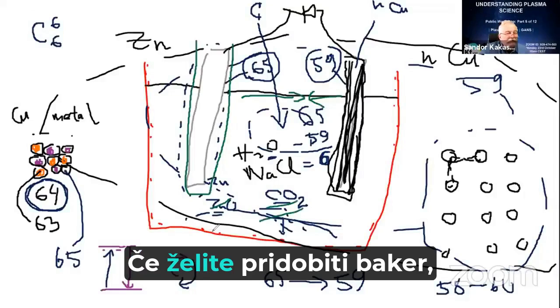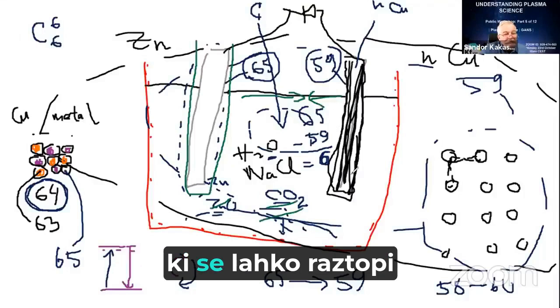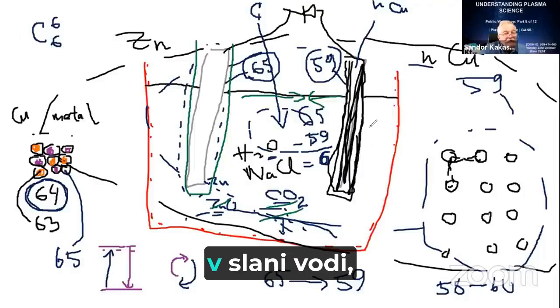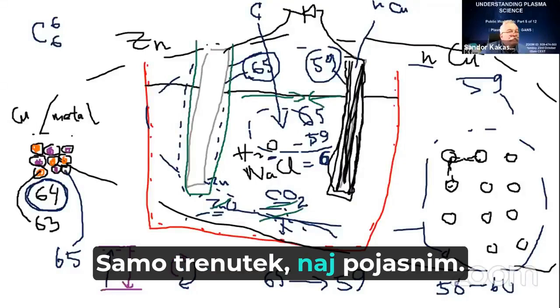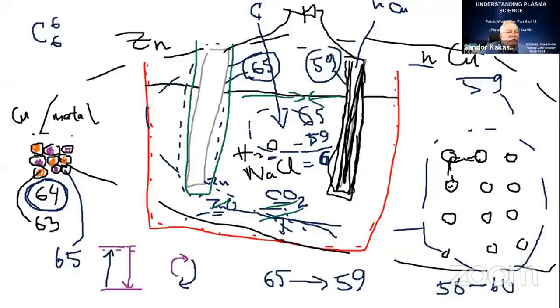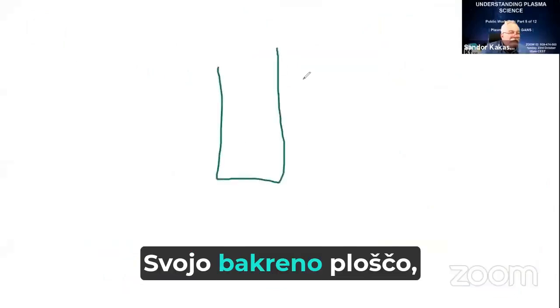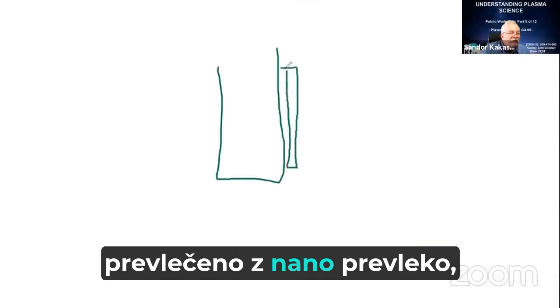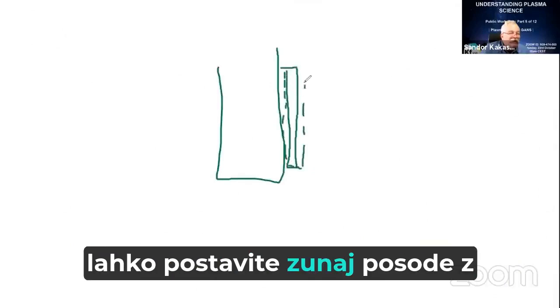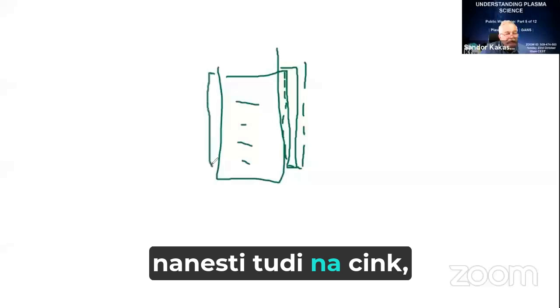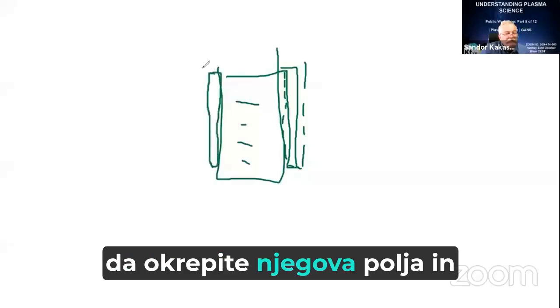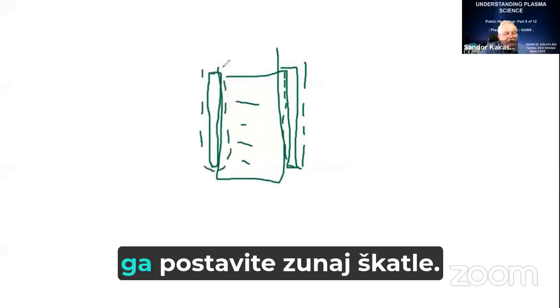Another way, if you want to avoid any copper which may dissolve into the salt water, you can try to put your nano-coated copper plate outside of your container of water, or try to nano-coat the zinc also to strengthen its fields, and put that one outside of the box.